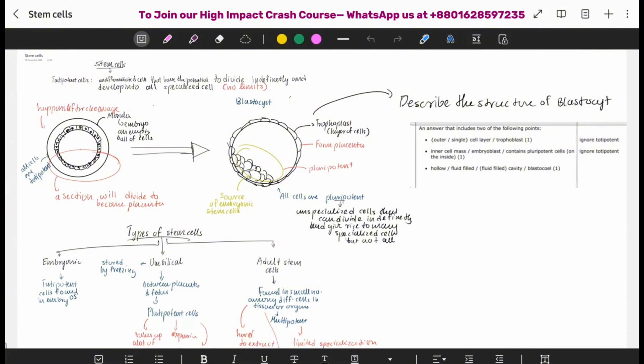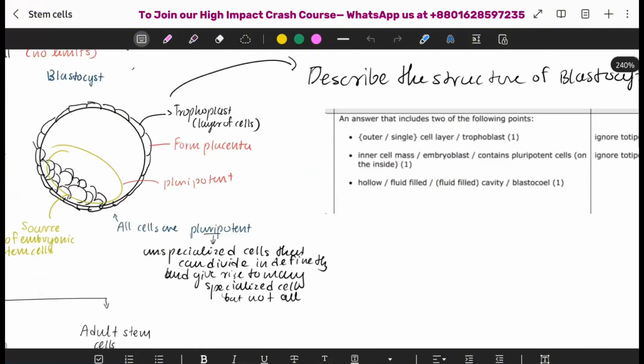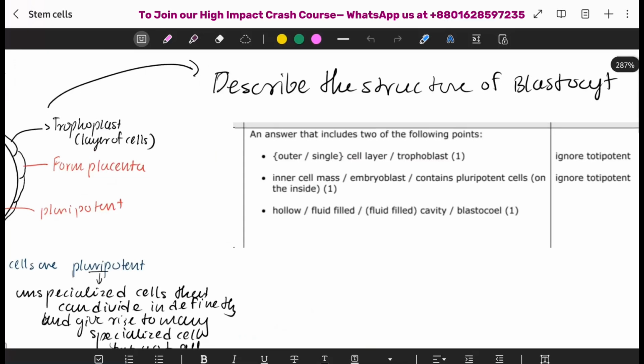And describe the structure of blastocyst. Sorry, we already did this question. So the structure of blastocyst, we know it has the outer layer, which is called the trophoblast. And it has an inner mass or the embryoblast, and that contains pluripotent cells inside.